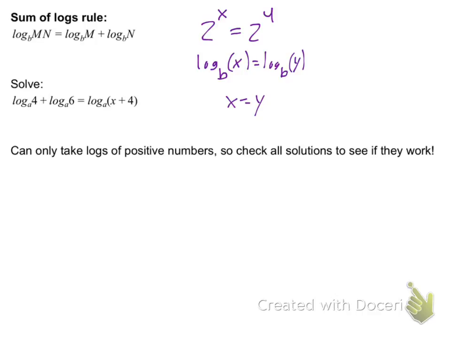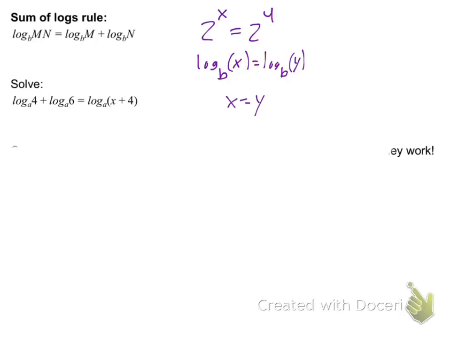So, our goal then is to get log base a of 4 plus log base a of 6 equaling log base a of x plus 4. And we need to solve it. So to solve it, you need to condense it. You need to write it as one log. You see that the logs are separated here with the plus sign?